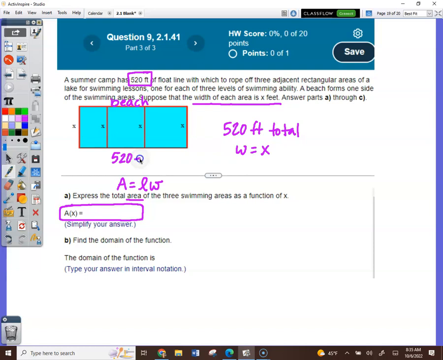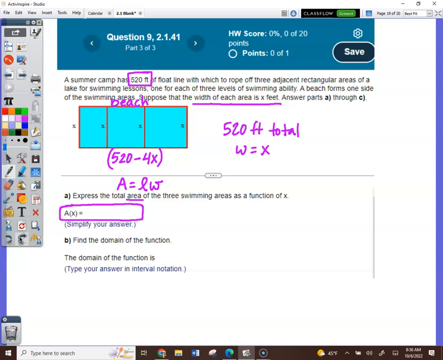How many x's are there, y'all? 4. There's 4. Do you understand where I got 520 minus 4x?